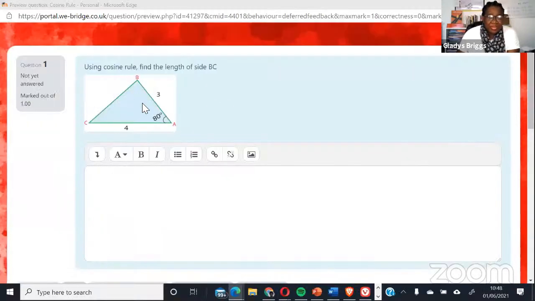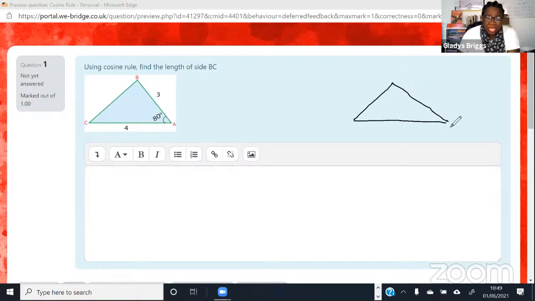We use sine and cosine rule for triangles that are not right-angled triangles. Let's say you have A, B, and C. You have that triangle, and then you have these sides. This side is side a, side b, and side c.